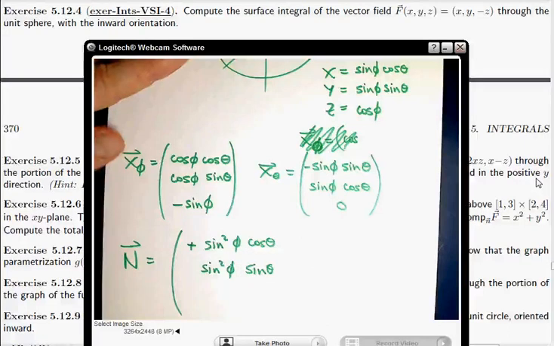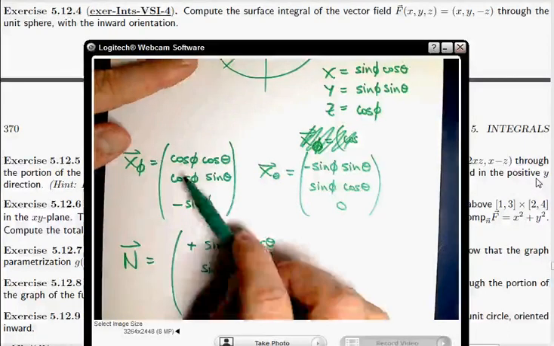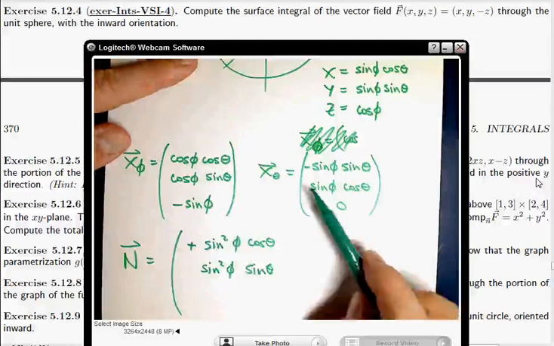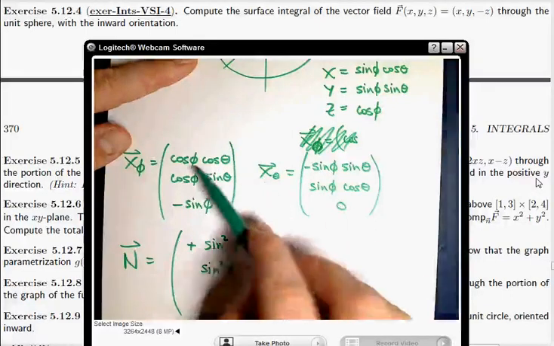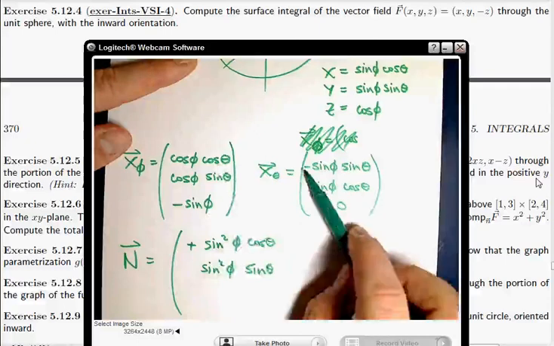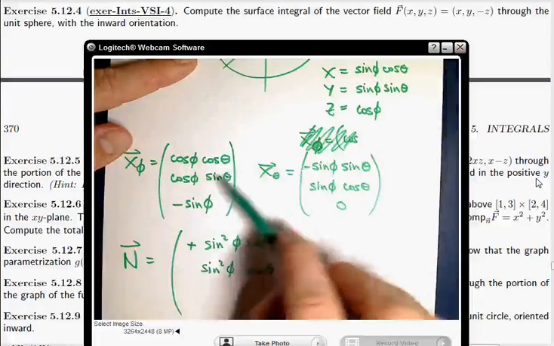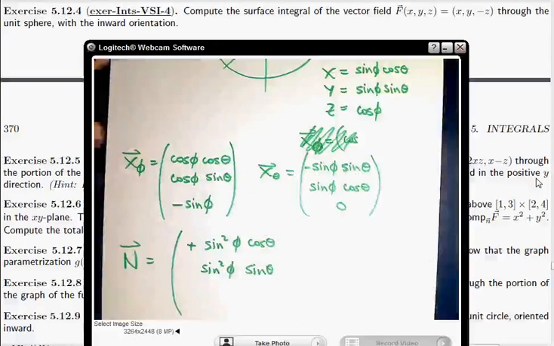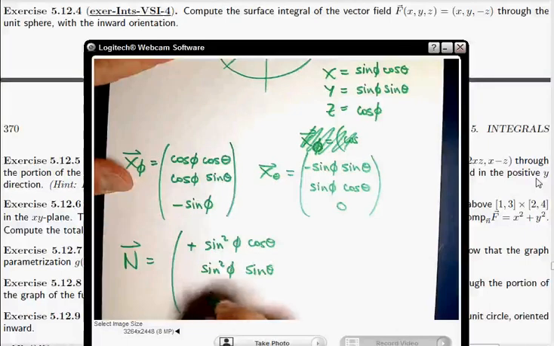And then we're going to have sine phi cosine phi cosine squared, and then plus sine phi cosine phi sine squared. The sine squared and the cosine squared add up to 1, and I claim we just get sine phi cosine phi here.